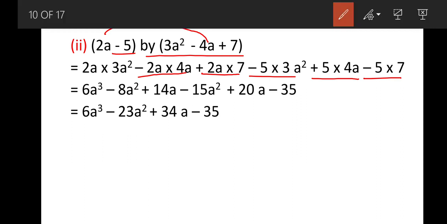What I have done in this step is simply multiplied the terms. It will be 6A cube minus 8A square plus 14A minus 15A square plus 20A minus 35. And after solving the like terms, you will get the answer as 6A cube minus 23A square plus 34A minus 35, and this will be your answer after adding like terms.